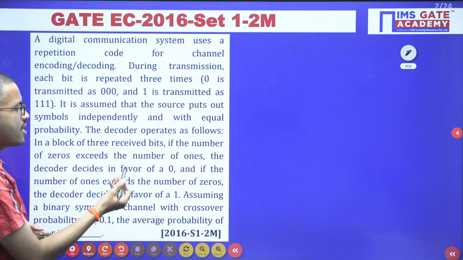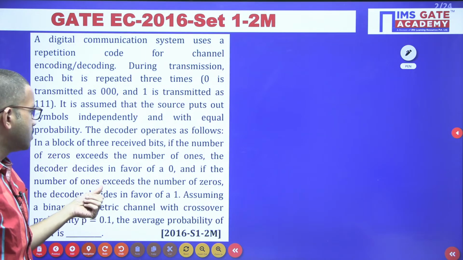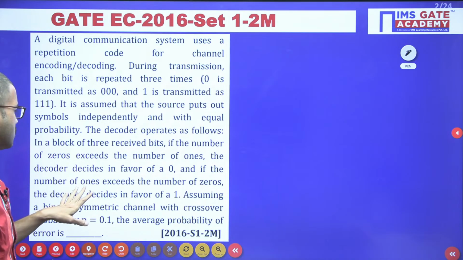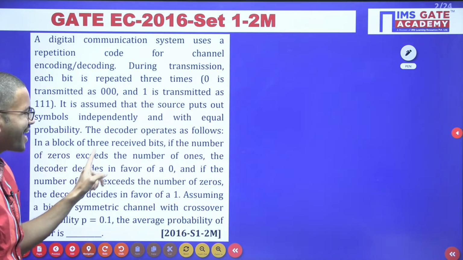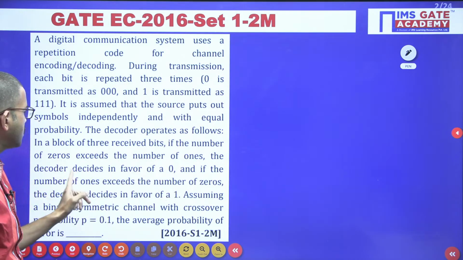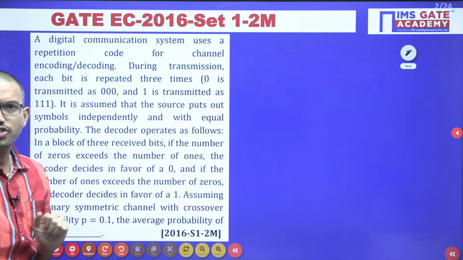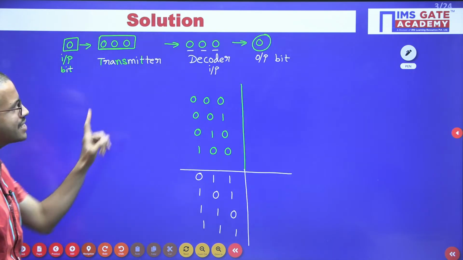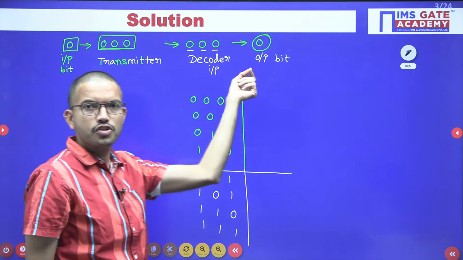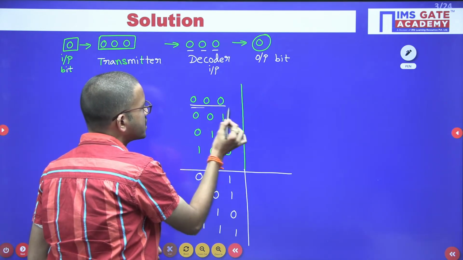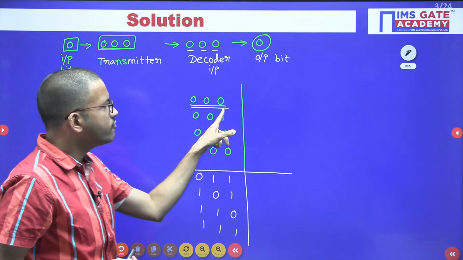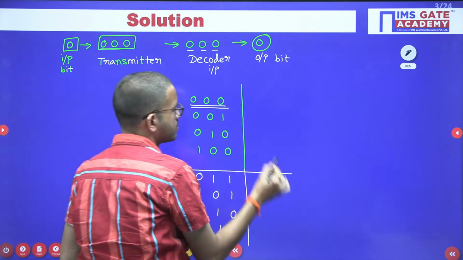Now here just observe regarding the decoder functionality, what they have mentioned in the given question. If the number of zeros exceeds the number of ones, then the decoder decides in favor of 0, right? So here I am considering the case, in order to receive 0, number of zeros is 3, number of ones here having how many?